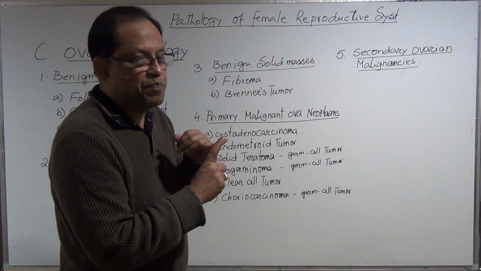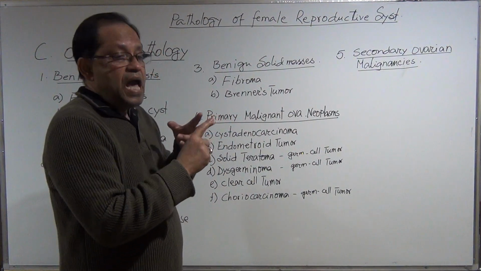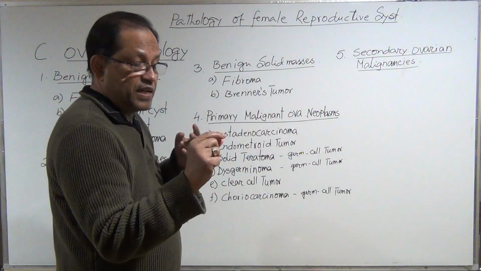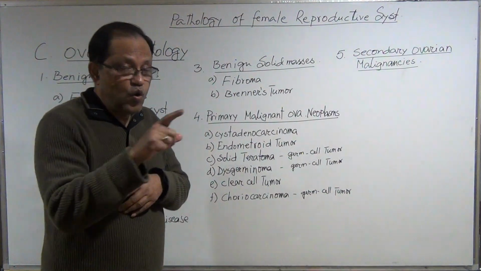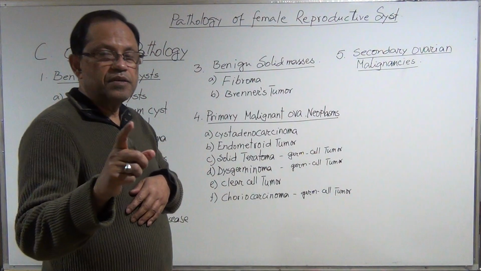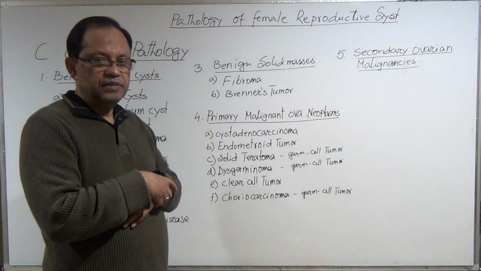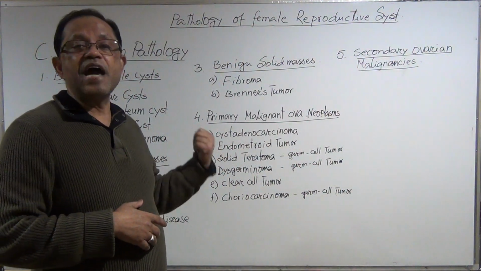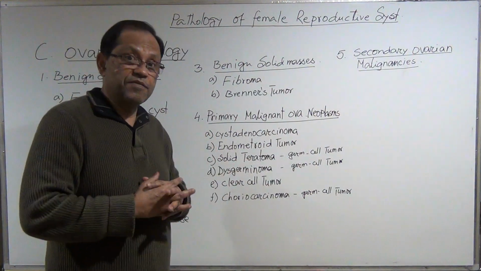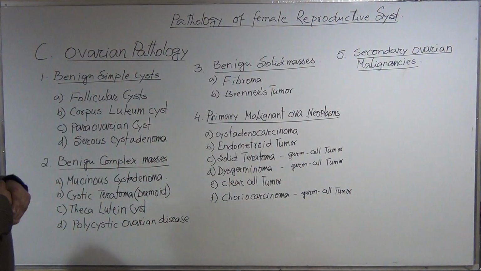If there is a missed period, pregnancy test positive, and the IUP, intrauterine pregnancy, viable pregnancy is there, but in the ovary, corpus luteum is not found or is not active, so the future of this IUP is questionable. It cannot survive.